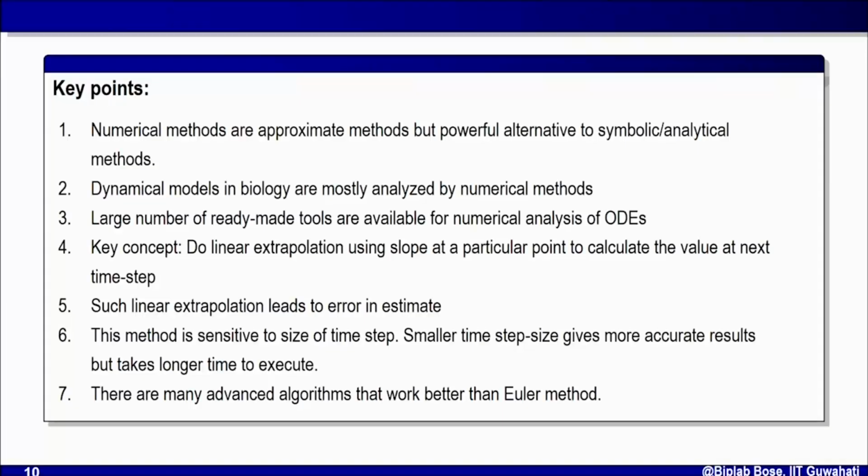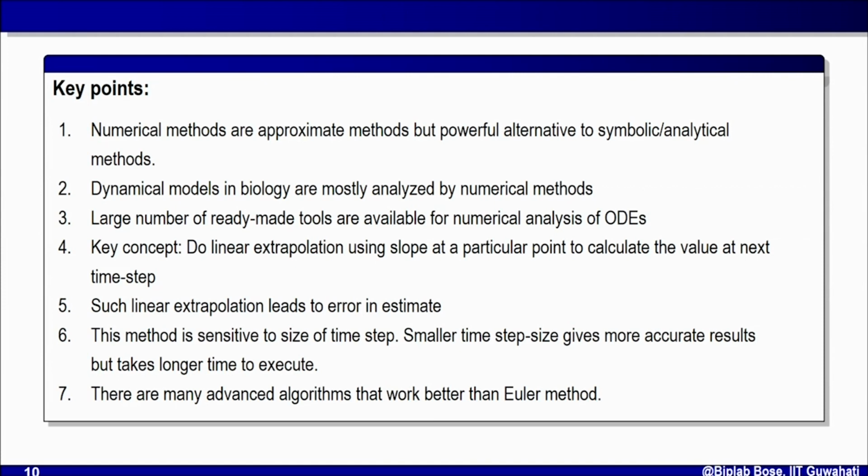We have to remember that in biological modeling, we will have a large number of variables, so we will have a large number of ordinary differential equations, and for most of the cases we will not be able to solve them analytically or symbolically, and we have to rely on these numerical algorithms. There are many numerical algorithms available. I have discussed the basic one, Euler's method, to understand what is going on behind these numerical algorithms.